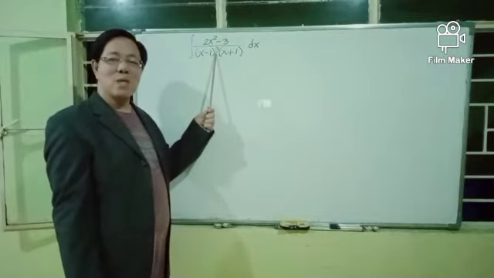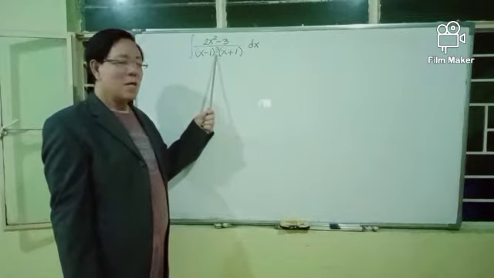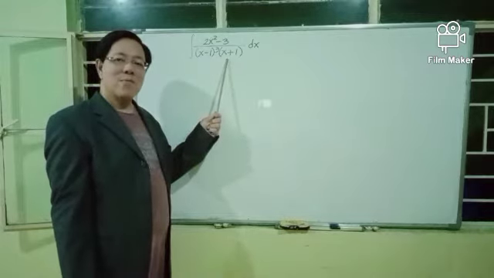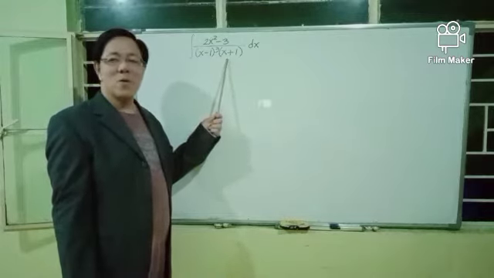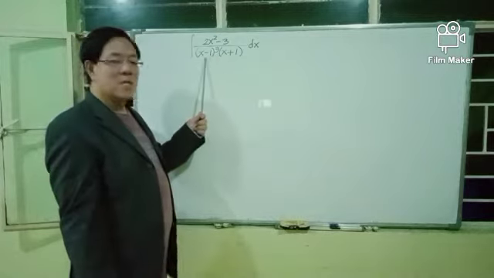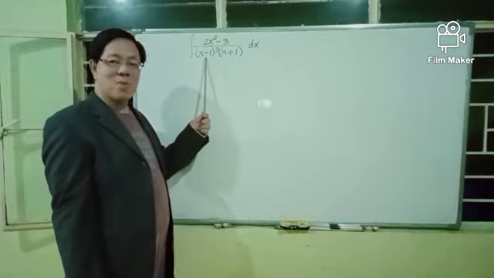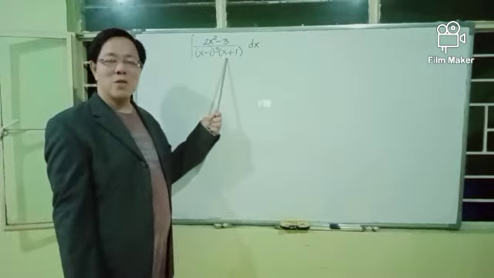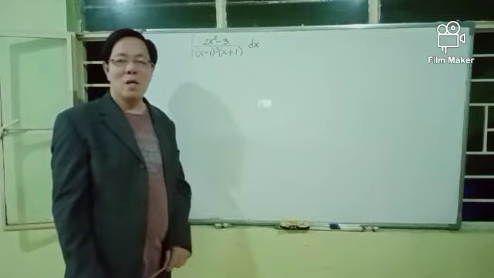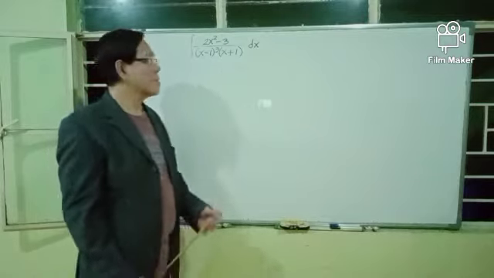That means we have to use three constants, and there is a second factor which is unique, x plus 1, and for this unique linear factor we use another one constant. So for the repeated linear factor x minus 1 we use three constants, and for this unique linear factor x plus 1 we use one constant, or a total of four constants.